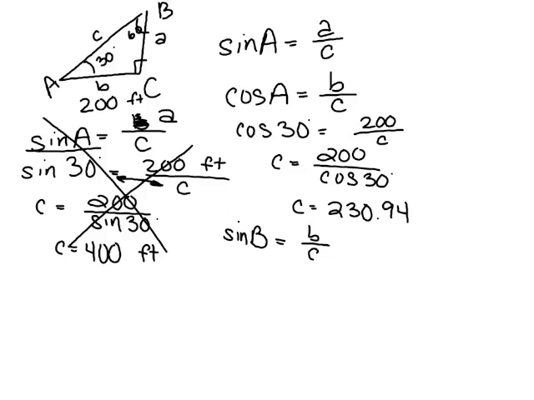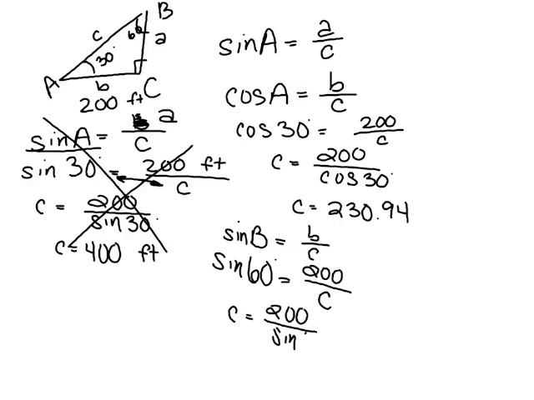So we fill in what we know. Angle B is a 60-degree angle, our little b side is 200 feet over the hypotenuse. Solve for c. 200 divided by sine 60 equals 230.94. Okay, so C and C.